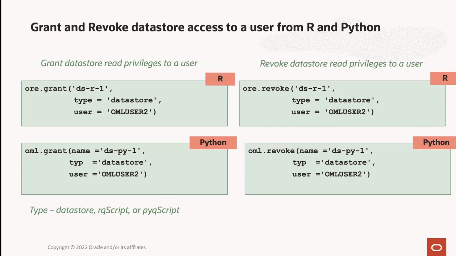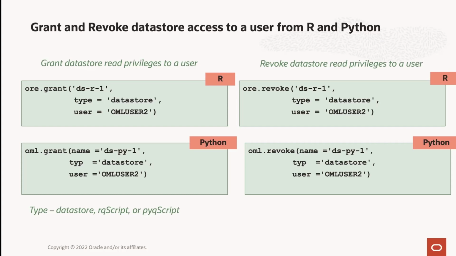So here are some examples of how to grant and revoke data store access to a user from R as well as Python. In this example, we can just assume that we are the user OML user, and we will be granting access as shown on the screen to user OML user 2. The first argument will be the name of the data store to grant or revoke access to.